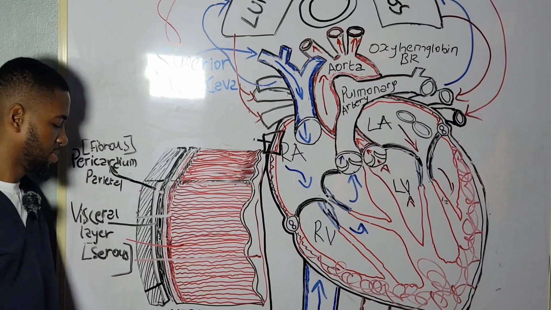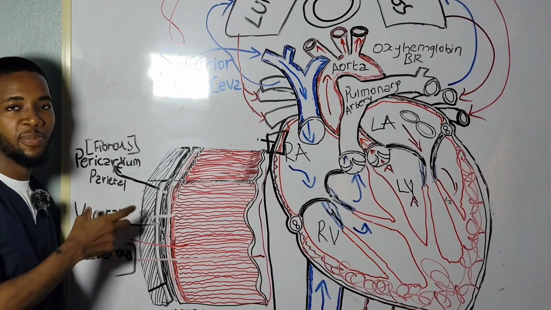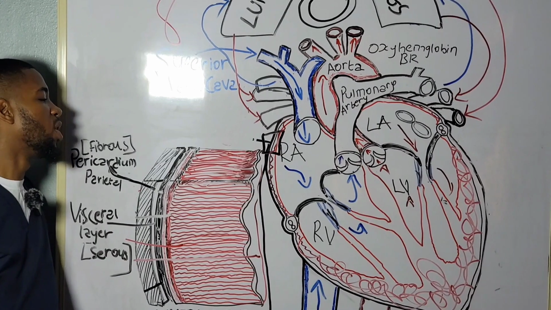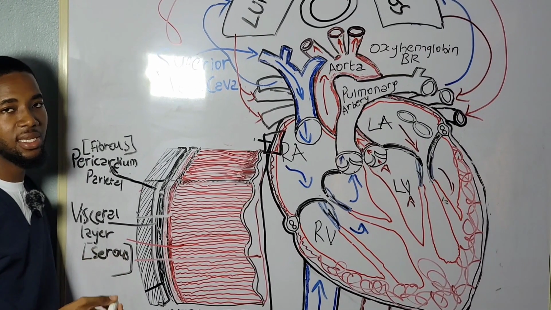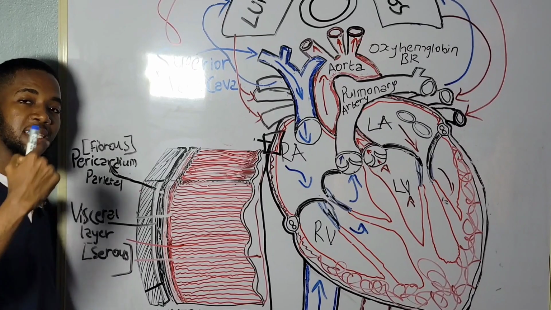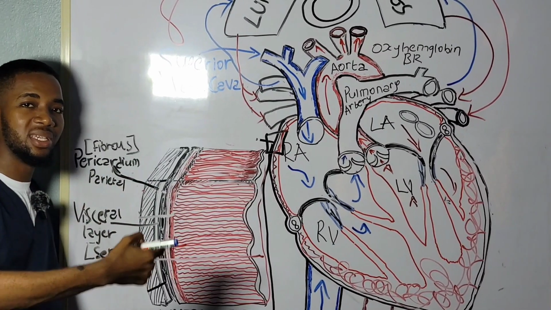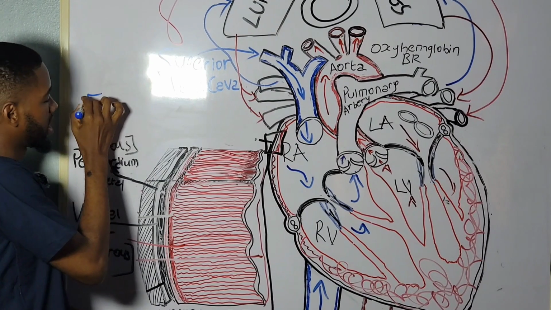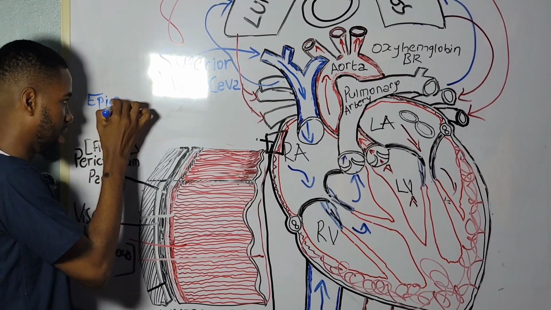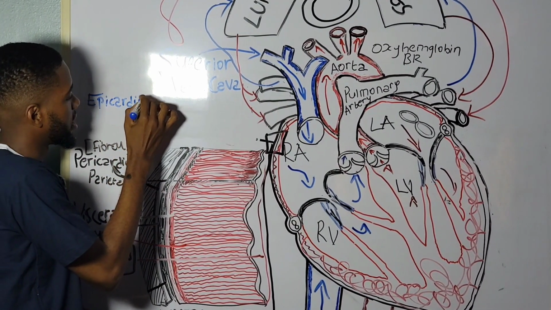Here's why I say so. The visceral layer of the pericardium is what makes the first layer of the heart. Again, the visceral layer of the pericardium is the first layer of the heart. And that visceral layer of the pericardium is what we call the epicardium.